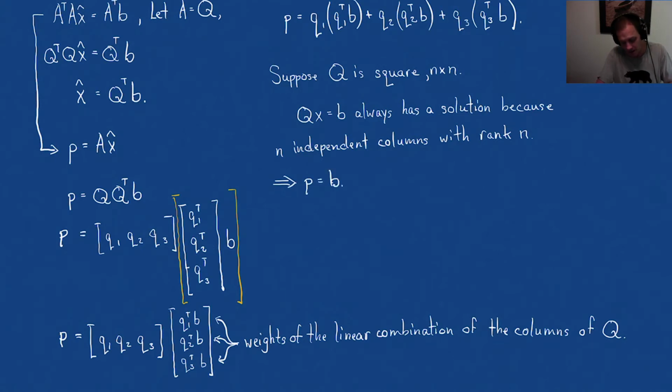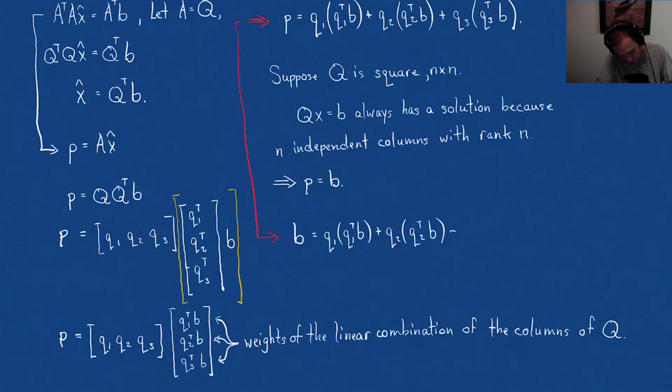So wait a minute. Now I can rewrite this equation that I'm going to point to in red. We can rewrite this equation then as some vector B equal to Q1 times Q1 transposed B plus Q2 times Q2 transposed B plus Q3 times Q3 transposed B. And it's at this point that this result is bigger than it may appear.